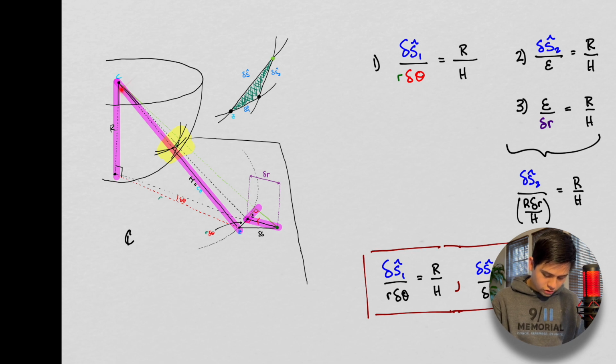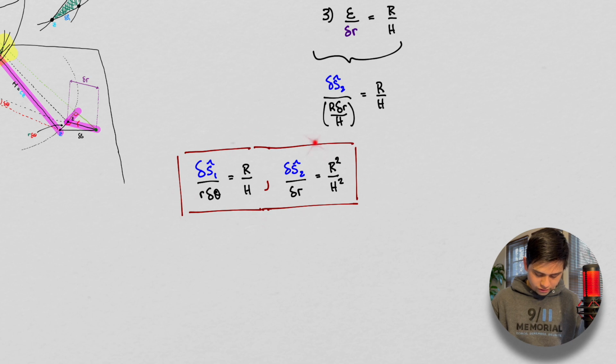And here's H. So as R increases, you can see that H is also going to increase. So we're going to equate these two things together. This is sort of the first premise, if you will, of coming to this conclusion right here.